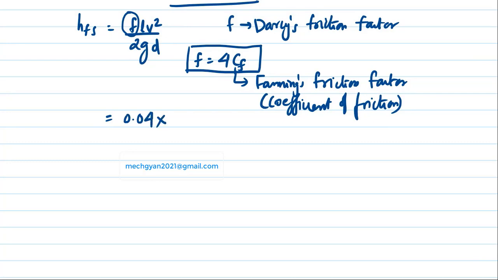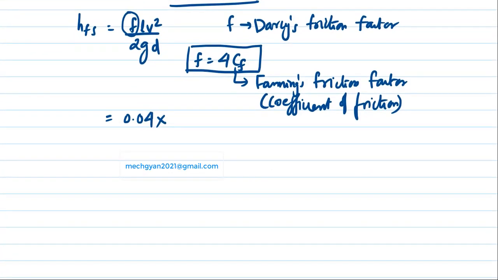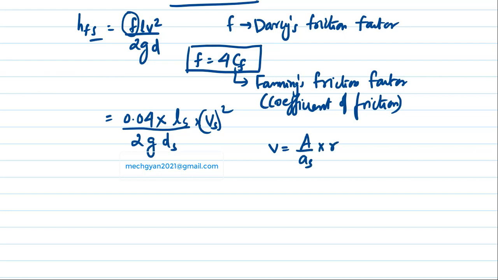So that is equal to 0.04 into length of suction pipe, LS, into V square by 2GDS. The velocity of liquid in the suction pipe is A by AS into R omega, so we have to substitute that.